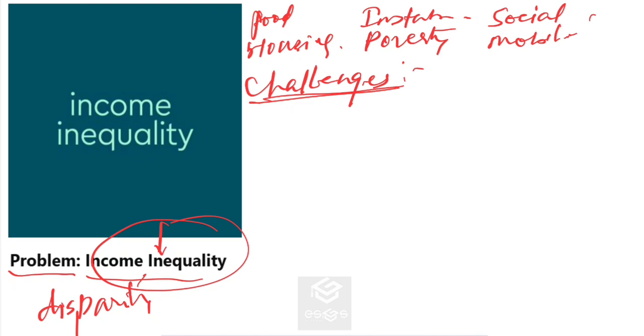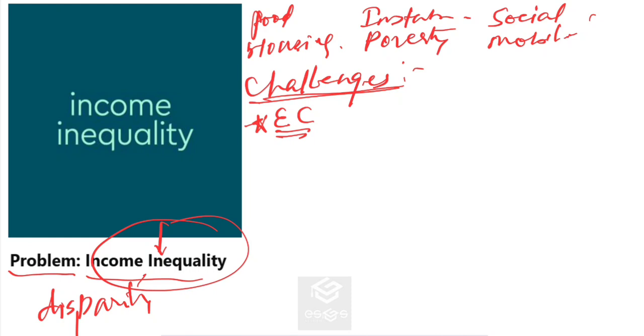Corporate practices such as excessive executive compensation, very interesting and important, and stagnant wages for lower income workers are contributing to the growing divide in many countries.